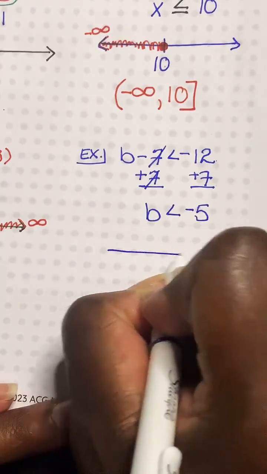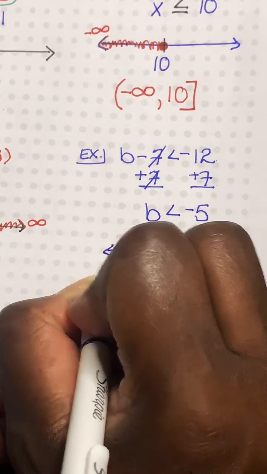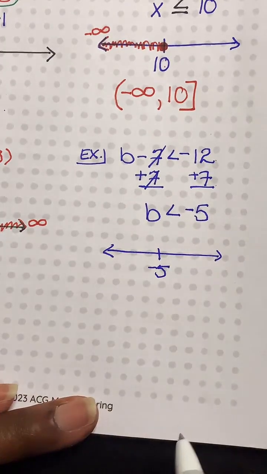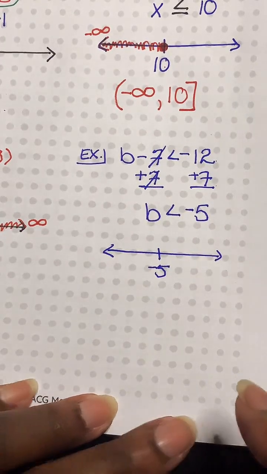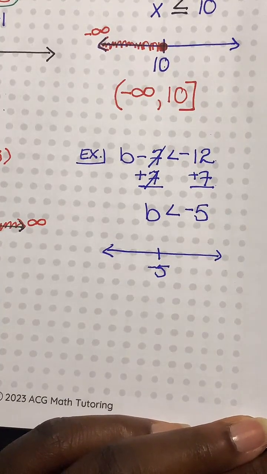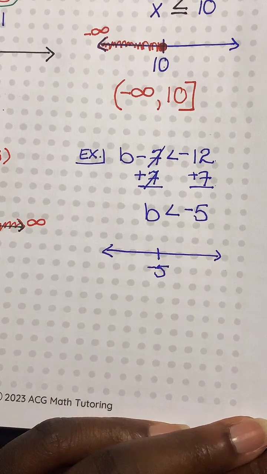If I were to make my graph, we're here at negative 5. So open or closed, left or right? What do we got? If you want to say O for open, C for closed, L for left, and R for right, you can do that.